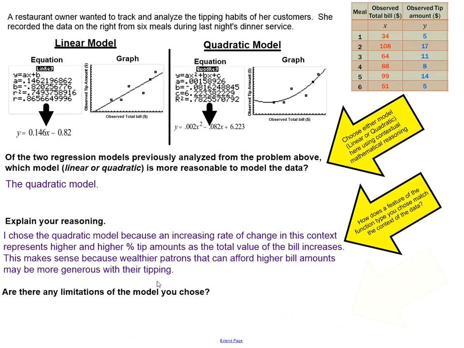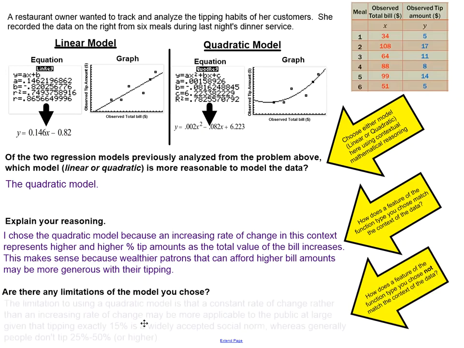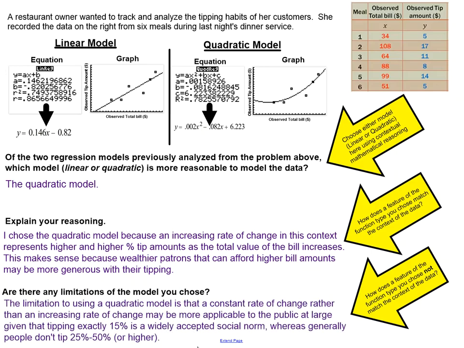Now, limitations of the model. You argued for it with the wealthier patrons paying higher tip amounts, but what about an argument against a quadratic model? How does the feature of the function type you chose not match the context of the data? You might say something like this: the limitation to using a quadratic model is that a constant rate of change rather than an increasing rate of change may be more applicable to the public at large, given that tipping around 15 to 20% is a widely accepted social norm, whereas generally people don't tip 25 to 50% or higher.